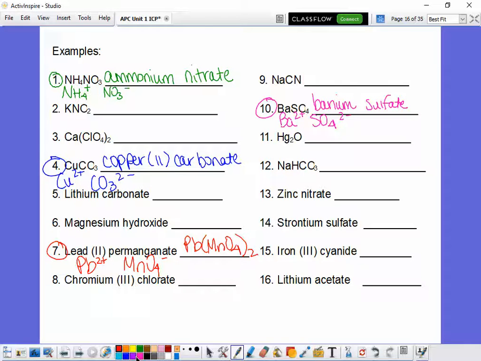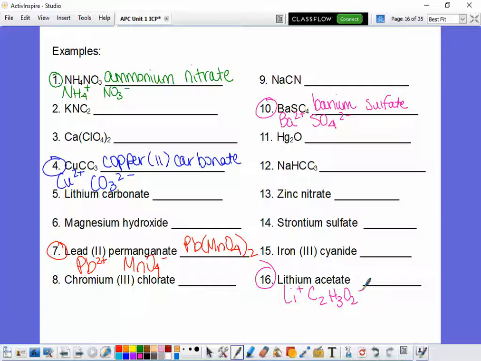And let's do one more. We'll do 16. Lithium acetate. All right. Symbol and charge of lithium. Li +1. Symbol and charge of acetate. C2H3O2 minus.